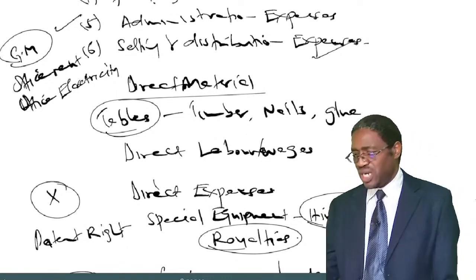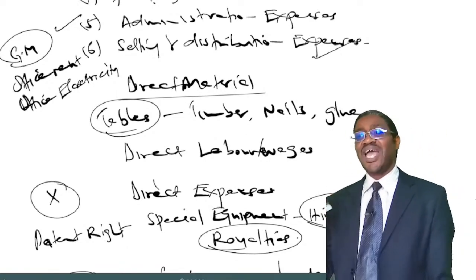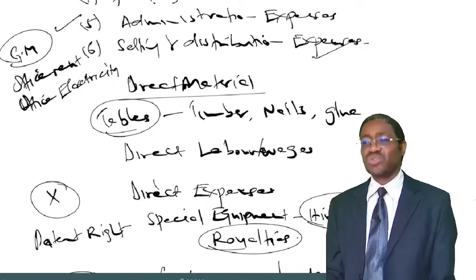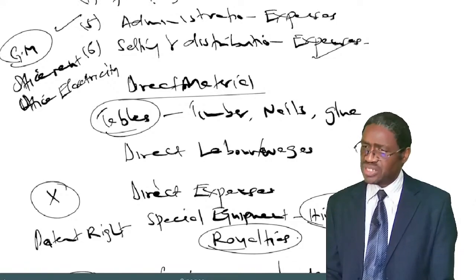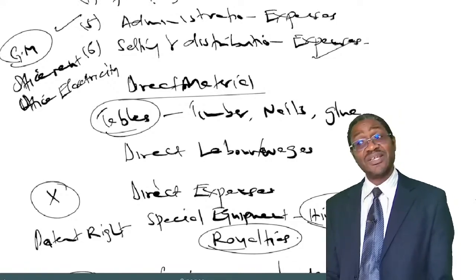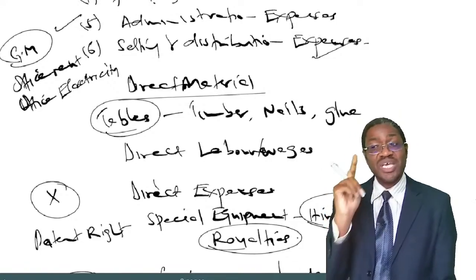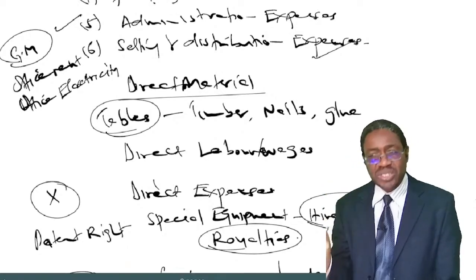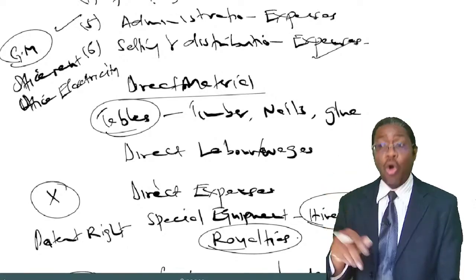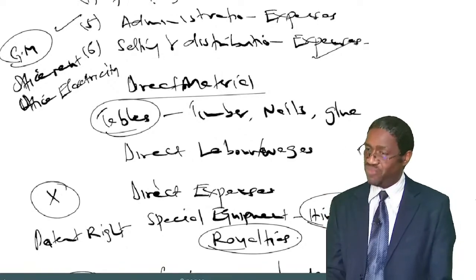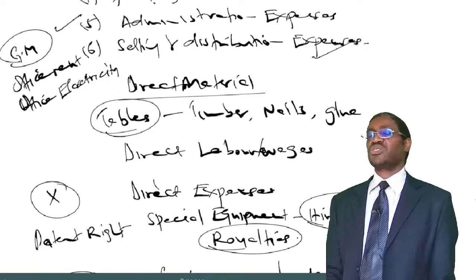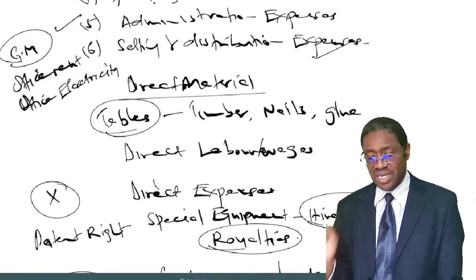Any cost incurred in the process of selling and distributing the goods that you have manufactured, that kind of a cost is classified as selling and distribution.